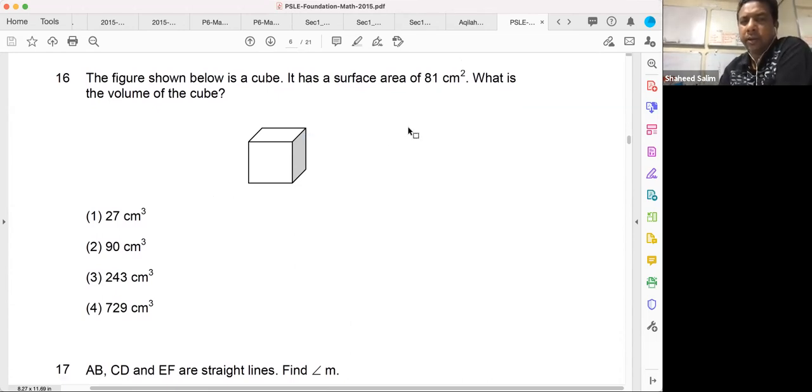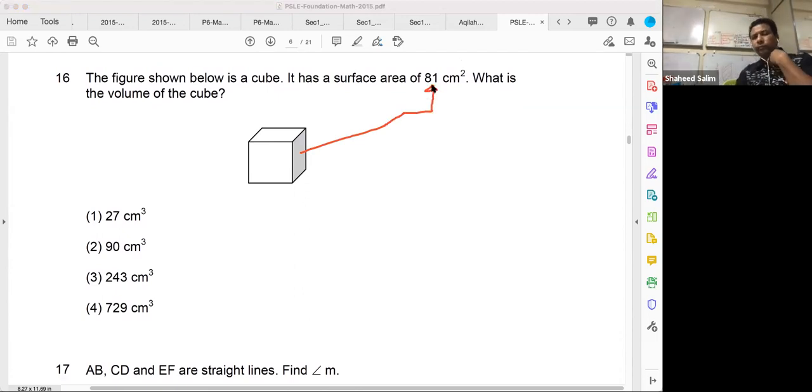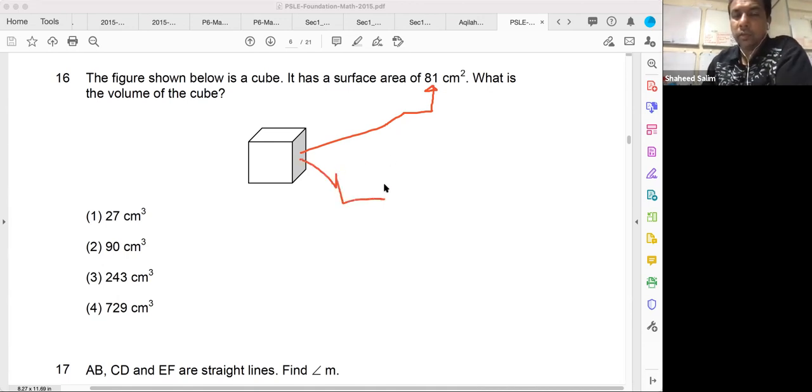Okay, this area, 81. The shaded part, huh? So the area here is 81.